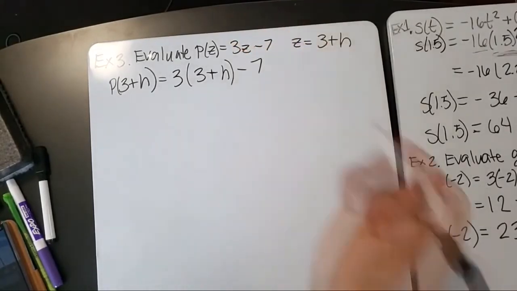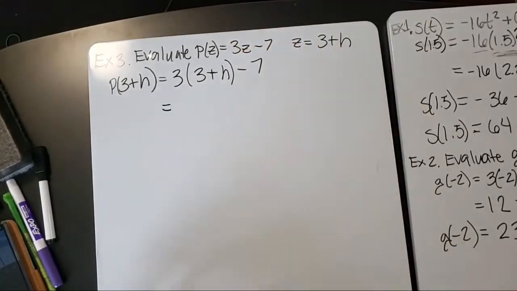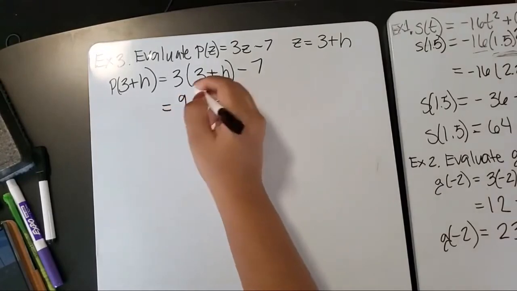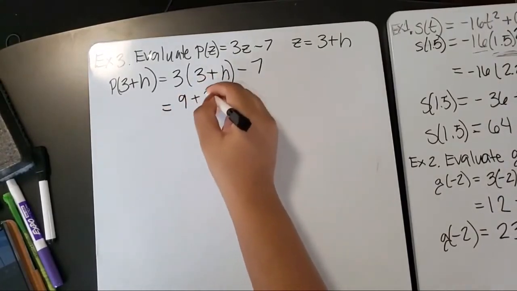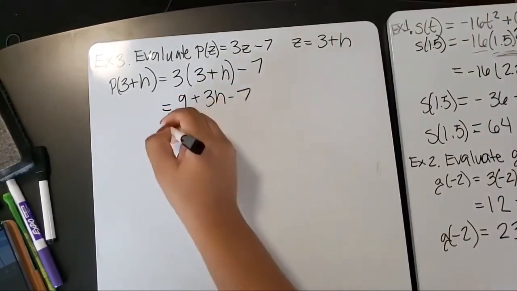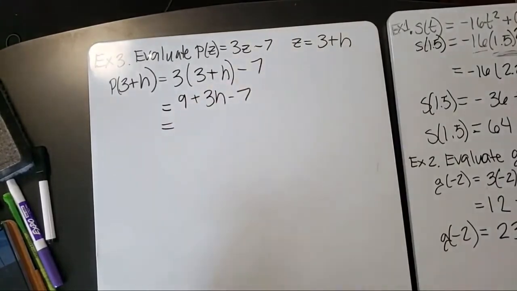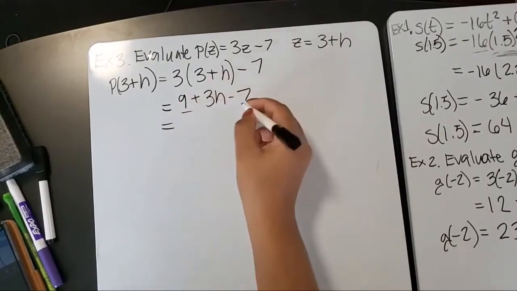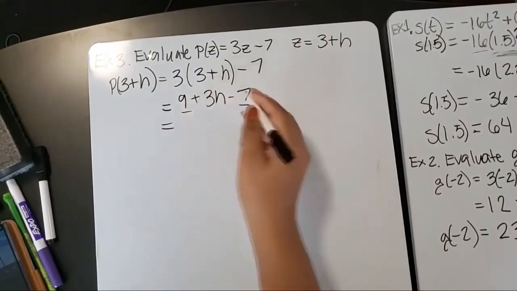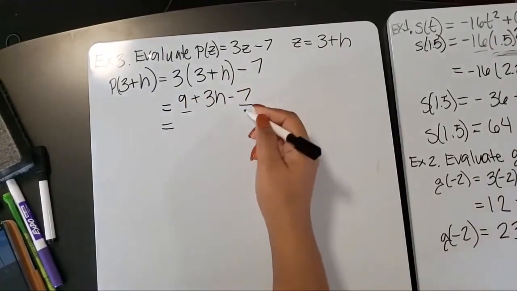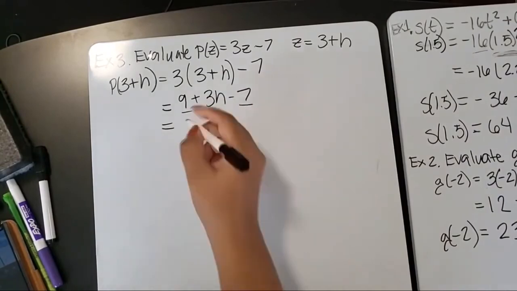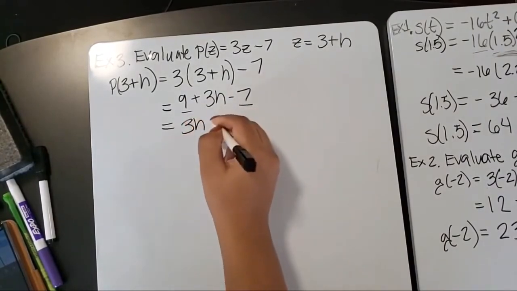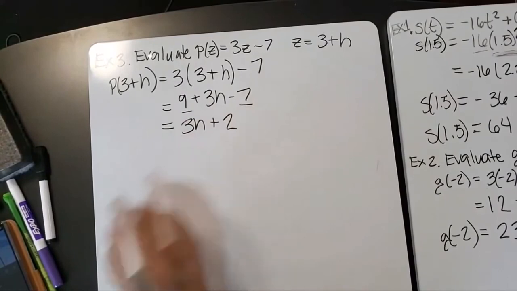Then we're just going to bring down the minus 7. So that's our next step. And when we fully simplify it even more, we're going to combine the like terms, which will be 9 minus 7. So our final answer will be 3H plus 2.